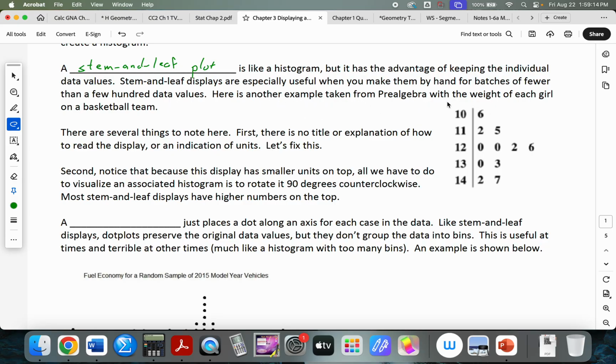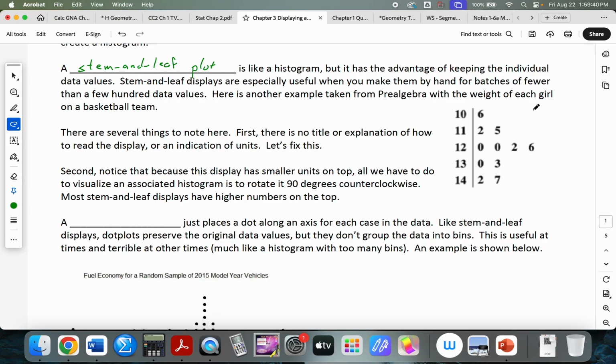So here's another example taken from pre-algebra with the weight of each girl on a basketball team. The unfortunate part about this is you may not know exactly what this means. There should always be, when you do a stem and leaf plot, or you're given one, a key that tells you what's going on.